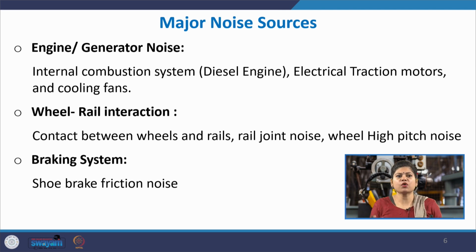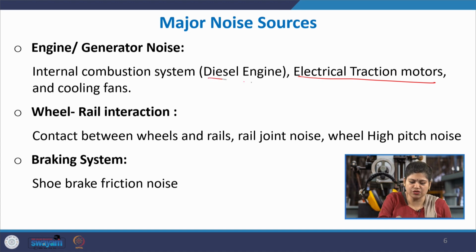So, most of the newly developed trains are coming as electrically powered trains, and there the electric traction motors are used. But in some of the older versions of the trains, and especially the trains operating in areas where the electricity line is still not continuous, in some of these rudimentary areas, we still have diesel engine trains.